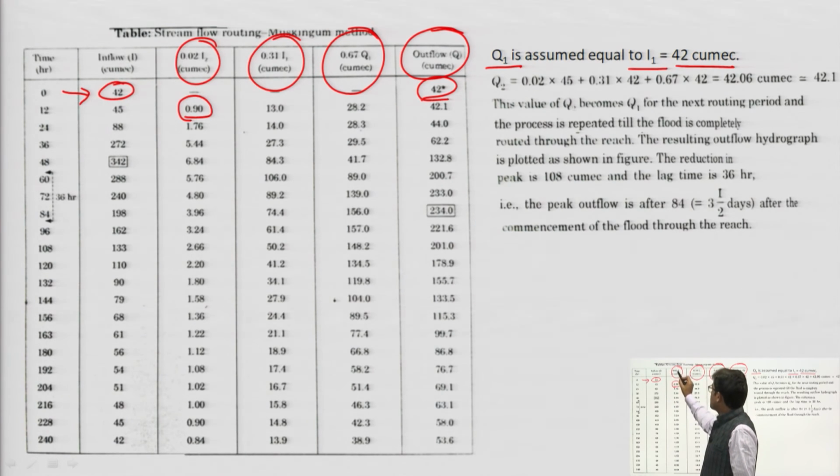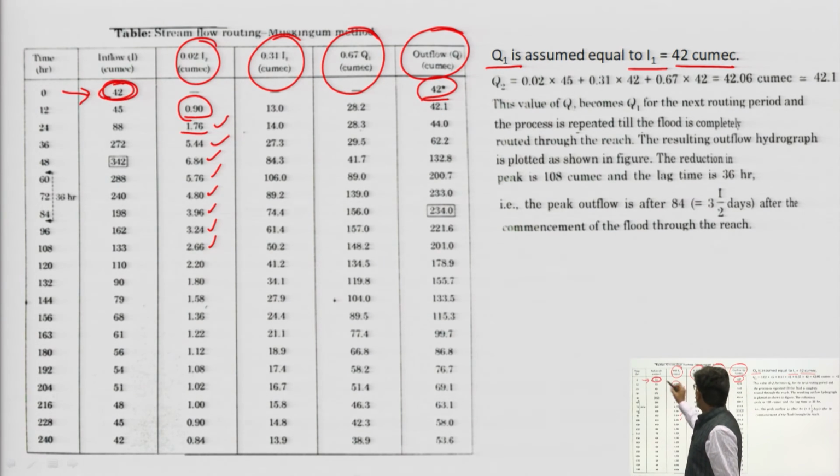Multiplying by 0.02, we will get 0.990. Similarly, we multiply 88 by 0.02 and get this, and so on, for all these data. Similarly for 0.31 I1, where I1 is this one, multiplying this by 0.31 we will get this one.